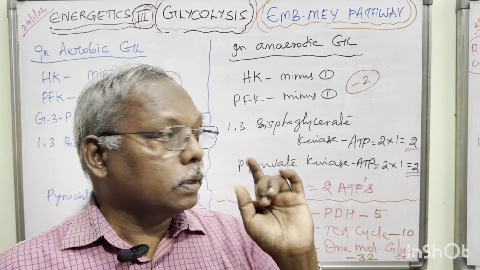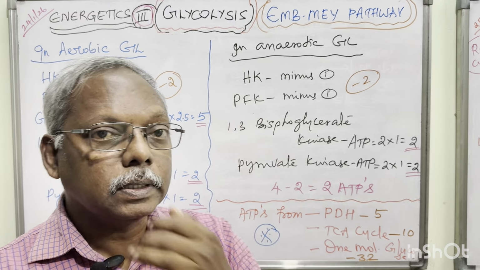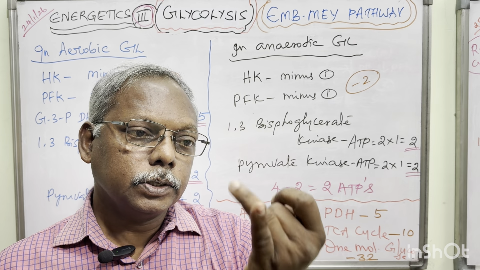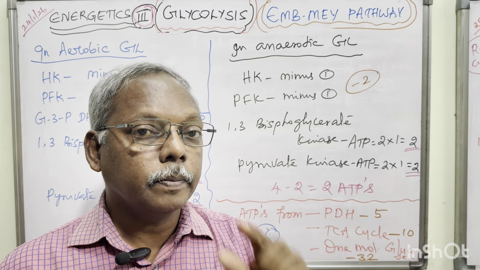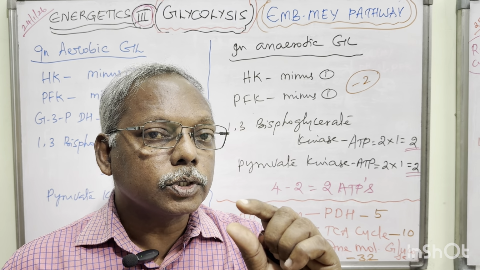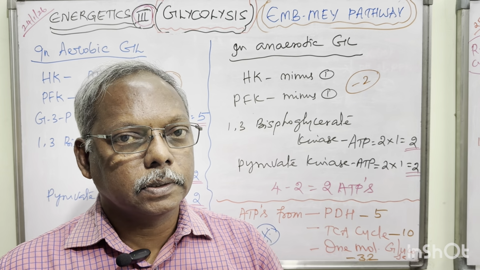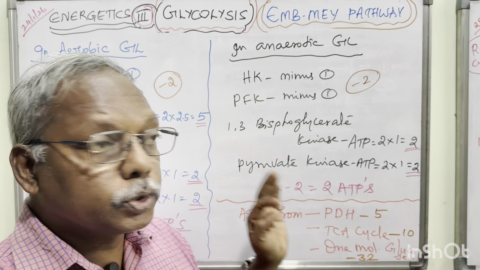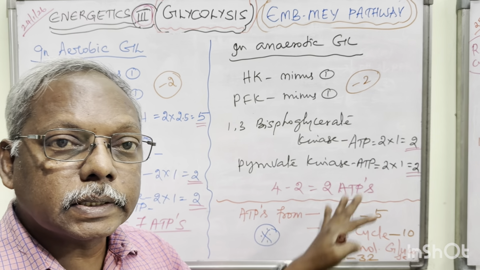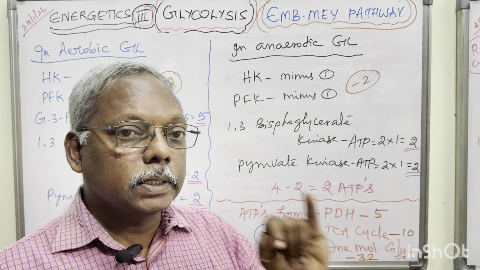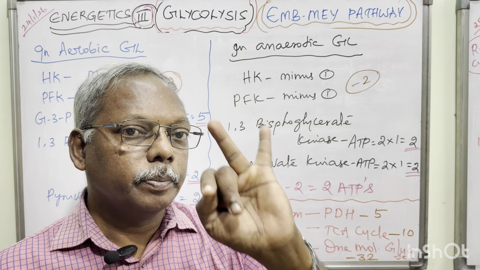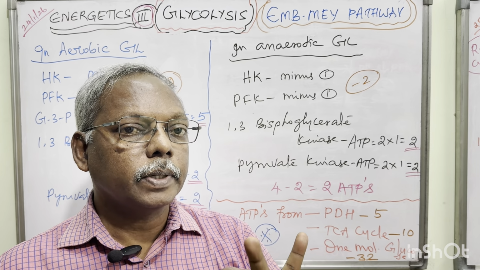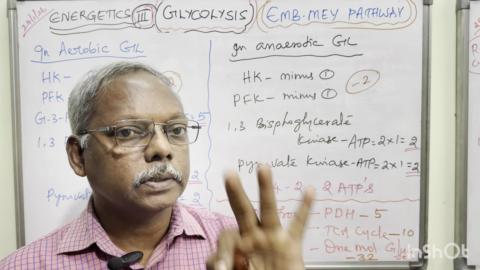Finally, after coming across all the cycles, that is glycolysis, PDH, TCA cycle, one molecule of glucose produces how many ATPs? Total number is 32. You should be ready to describe one by one, that is glycolysis, how many ATPs? PDH, pyruvate dehydrogenase complex, how many ATPs?